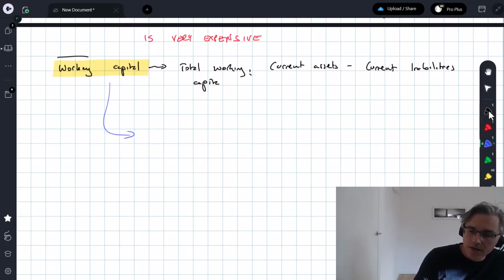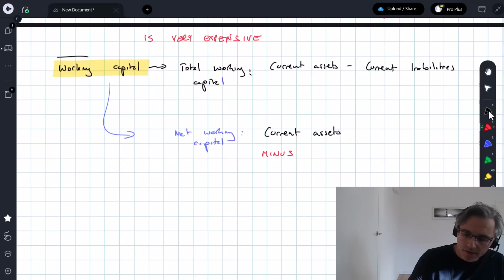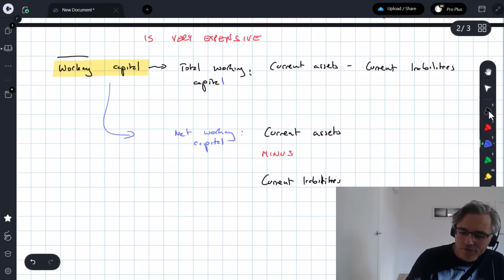And then there is something called net working capital as well, where the whole framework is also based on a comparison of current assets less current liabilities, but we make certain adjustments to both figures. So it's not just current assets and current liabilities taken directly from the balance sheet.